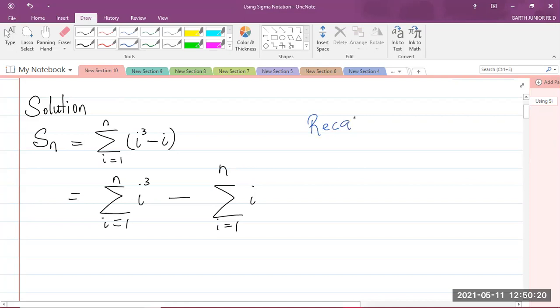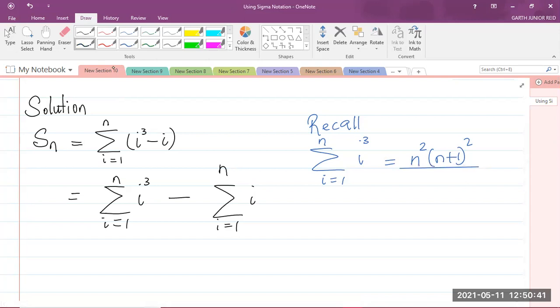So recall that the sum from i equals 1 to n of i cubed is equal to n squared times n plus 1 squared, and you would divide that expression by 4.